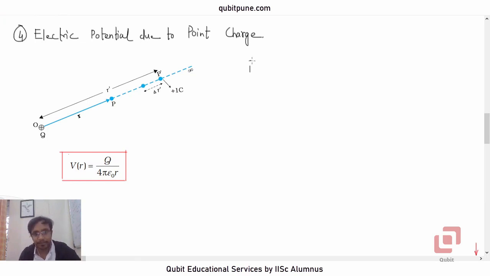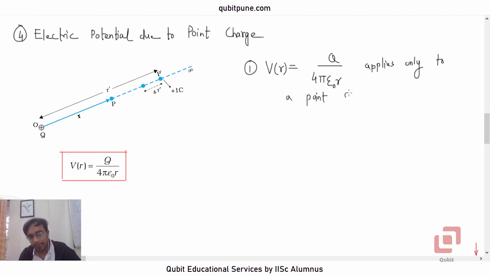Point 1. V(R) equal to Q by 4 pi epsilon naught R applies only to a point charge. Yesterday we talked about the electric fields using Gauss law. We talked about an infinitely long linear charge distribution, then surface charge distribution, and also a spherical shell.